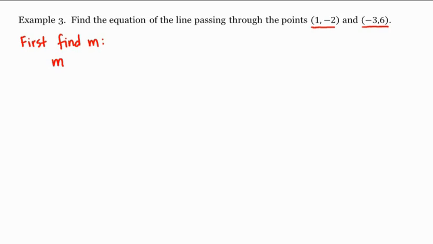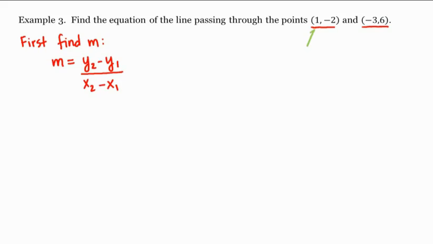So we have the formula that the slope m of the line connecting the two points (x1, y1) and (x2, y2) is given by (y2 minus y1) divided by (x2 minus x1).